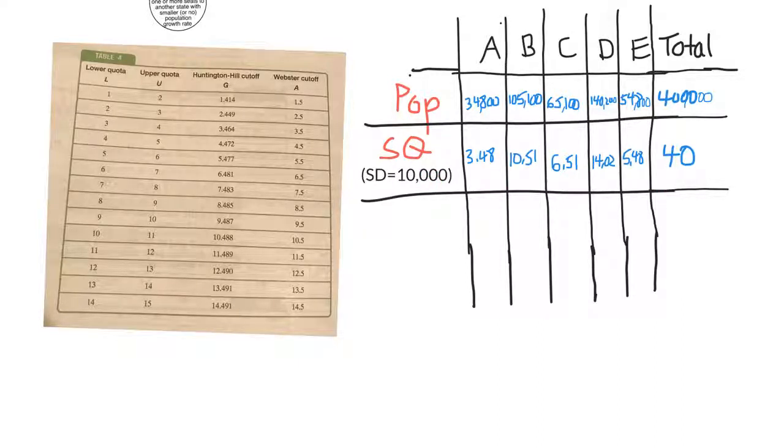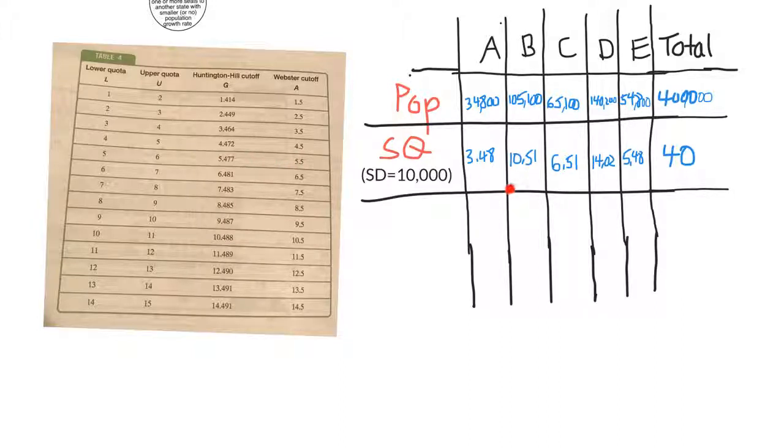Now, according to the Huntington-Hill method, we're going to round these standard quotas according to the cutoff point. So, for example, this quota, 3.48, the lower quota in this case is 3, the upper quota is 4, and the Huntington-Hill cutoff, based on the geometric mean between 3 and 4, is going to be 3.46.